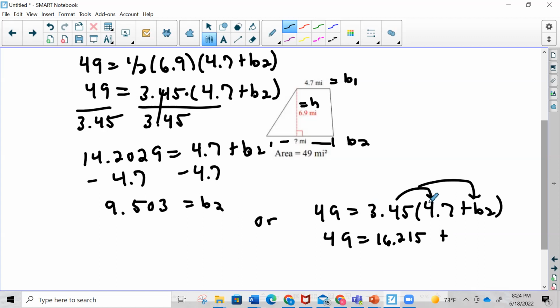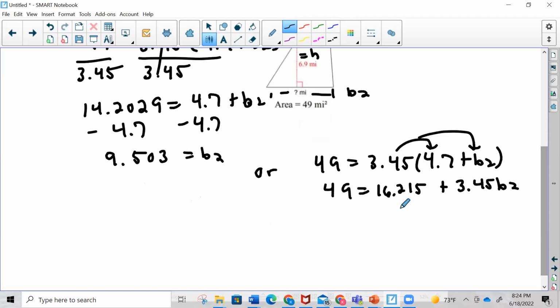And then you do 3.45 times B2, which is 3.45 B2. Now you would solve it like you would a two-step equation. We're adding the 16.215, so I would subtract that from both sides.